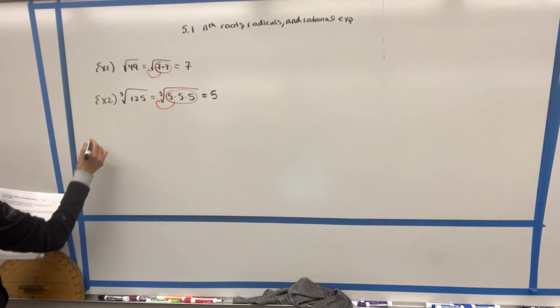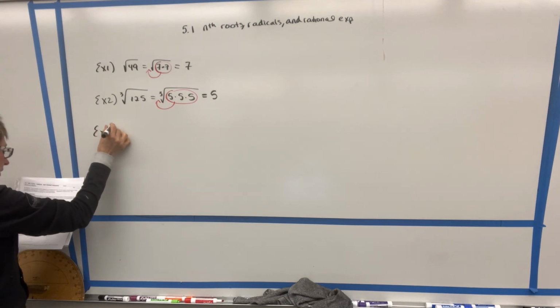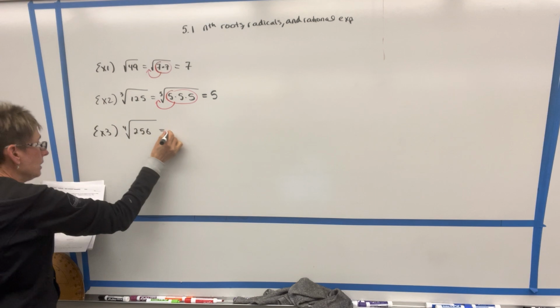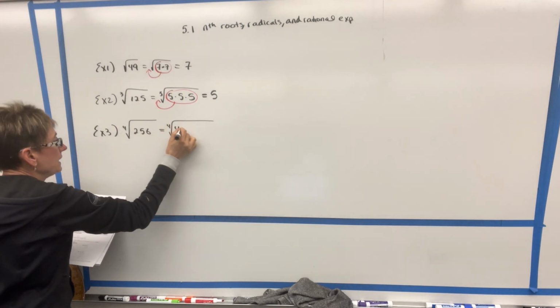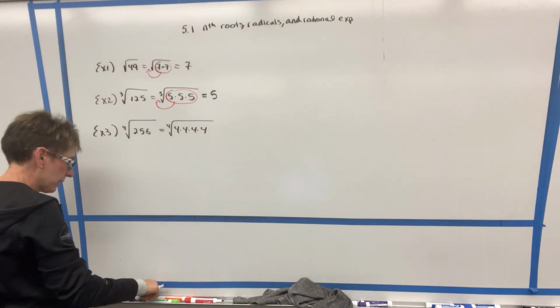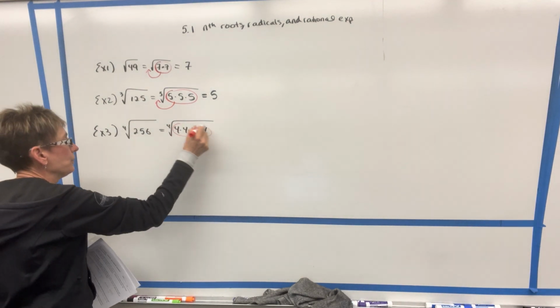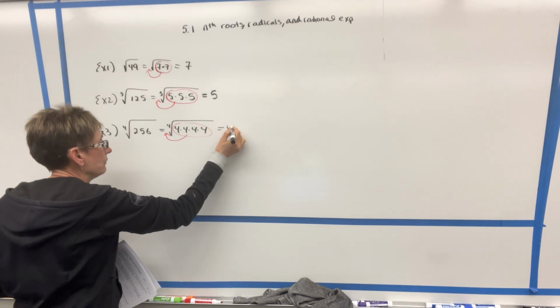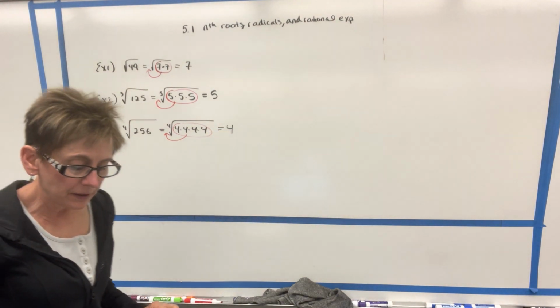I can also, for example number 3, look at the fourth root of 256. 256 is the same as 4 times 4 times 4 times 4. And because this is a fourth root, I'm looking for groups of 4, and I would take this out to get 4.